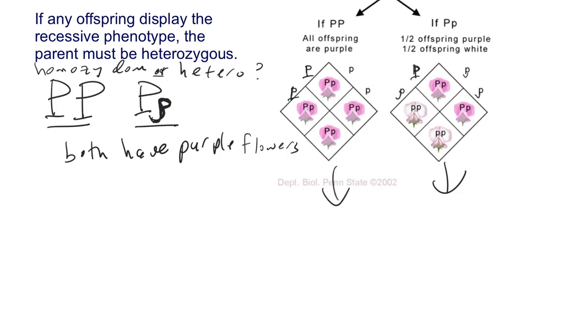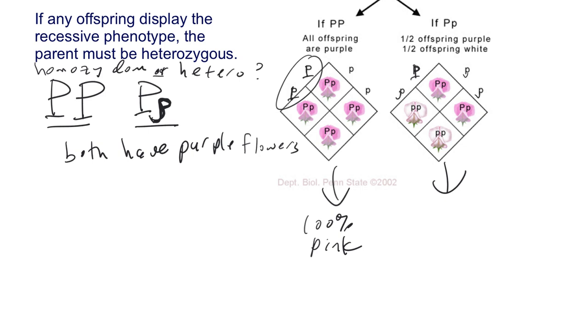So if the parent is homozygous dominant, all the kids are going to be pink. 100% of the kids will be pink, phenotypically.